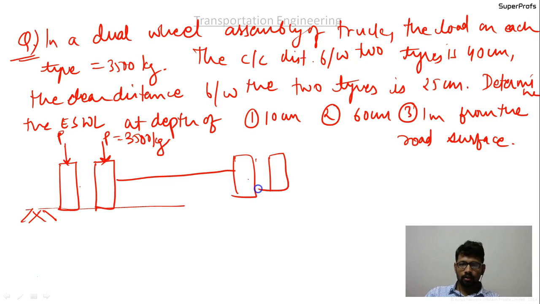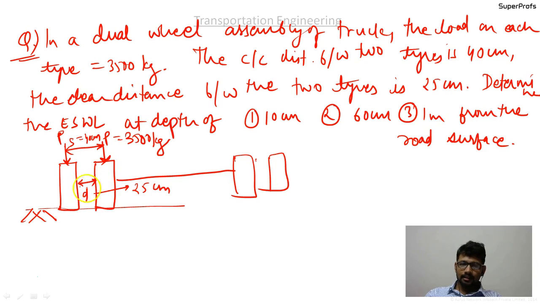So understand what exactly we are discussing, what are the two wheels that we are discussing in this case. The center to center distance between the two wheels is 40 centimeter, so this distance is S equal to 40 centimeter, and this clear distance, that is D, is 25 centimeters.